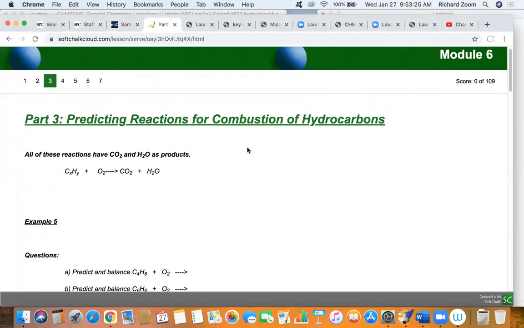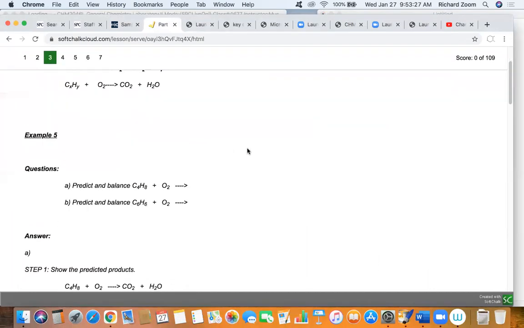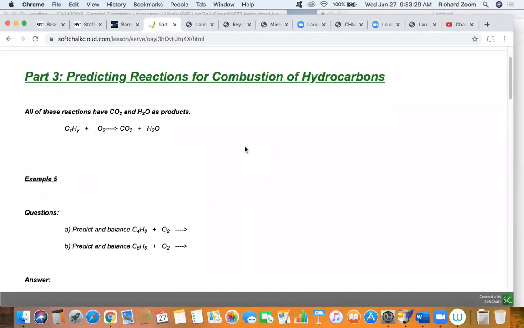Okay, so this is predicting reactions for combustion of hydrocarbons. So hydrocarbons, as you might have guessed, are compounds that contain hydrogen and carbon. That's why they're called hydrocarbons. So the general formula for a hydrocarbon is going to be CxHy. The Y number will always be an even number.